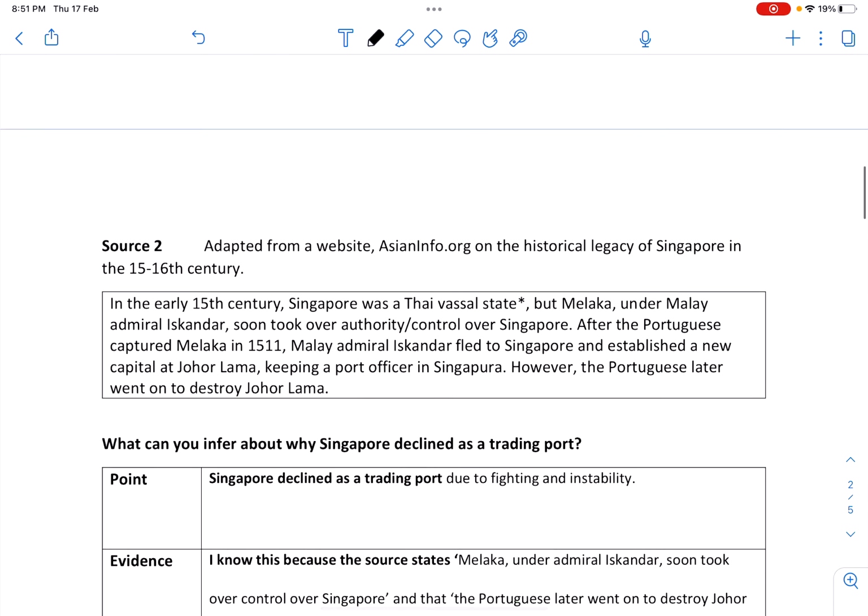Okay, how about I use a blank page? All right, so your point is the traders, or the ships, came due to the geographical location. This is your point, right?